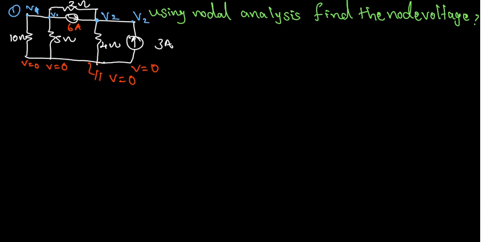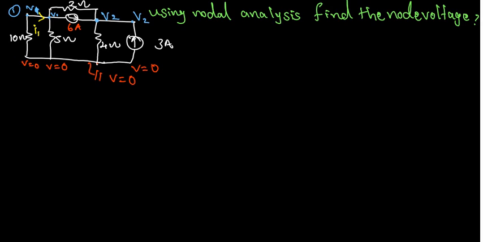Then we need to put the KCL. Before that, we need to put the current through each line. You can put whatever you like, but just follow me. This is I1, you can put reverse order or other order, IA, IB, IC.